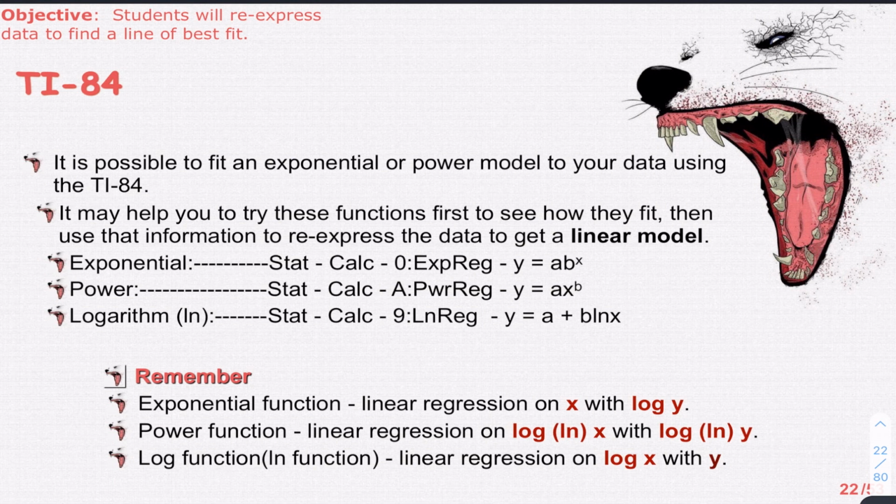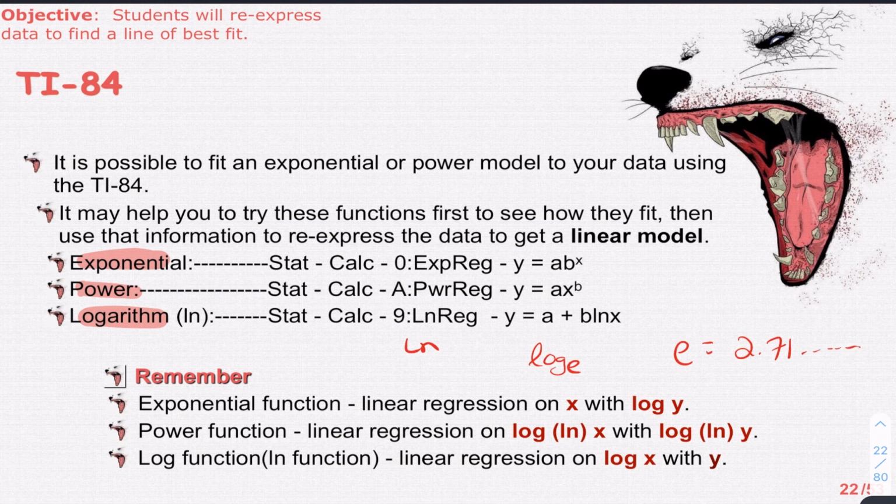They have an exponential regression model, a power model, and also a logarithm model. You can see if you go to stat calc, exponential regression, power regression, or log regression. Again, they use natural log, which is ln, or log base e, with e being Euler's number, 2.71.